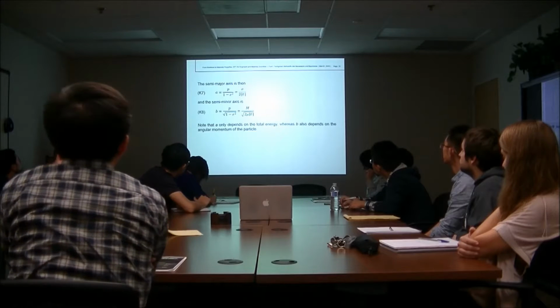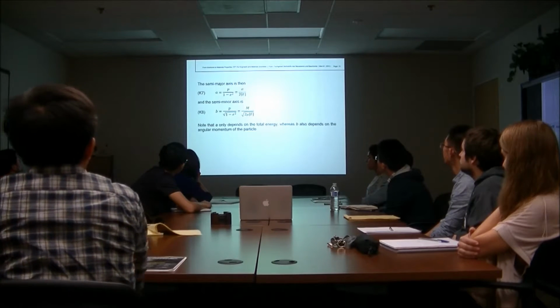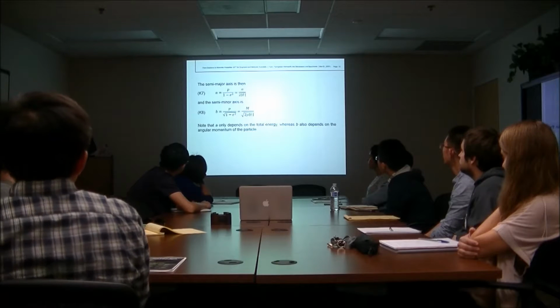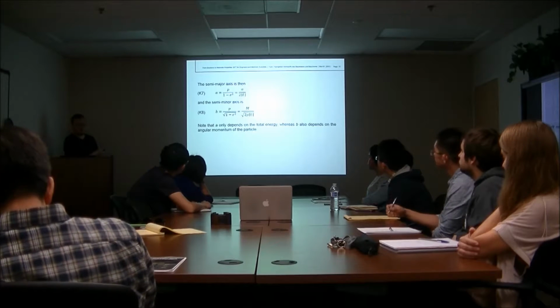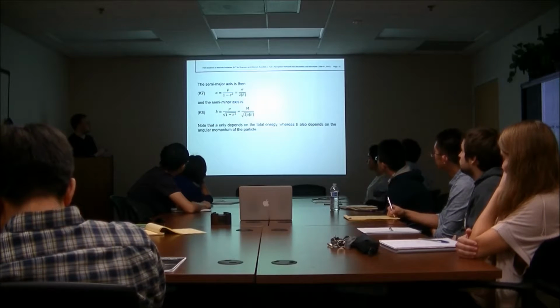And you can see the length of the semi-major axis. And what we see is it solely depends on the energy. It does not depend on anything else. Whereas the semi-minor axis also depends on the angular momentum.